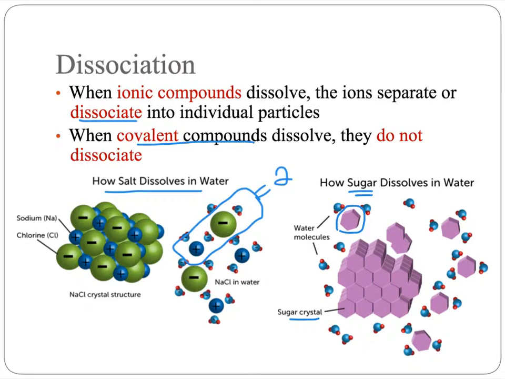The number of particles that come about when a substance dissolves will become more important in a couple weeks when we talk about how freezing points and boiling points change in solutions as compared to pure water. But for right now, I just wanted to introduce the idea that ionic compounds will divide into multiple particles, but covalent compounds will not. And we call that dissociation.